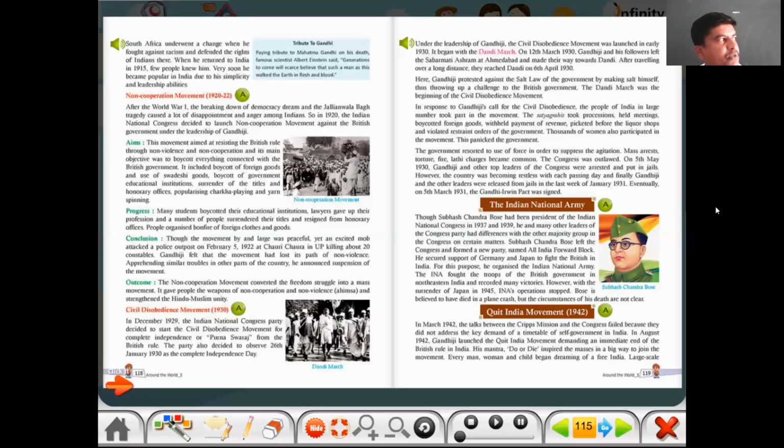Finally, Gandhiji and other leaders were released from jail in the last week of January 1931. On 5th March 1931, the Gandhi-Irwin Pact was signed between Governor General Irwin and Gandhiji.